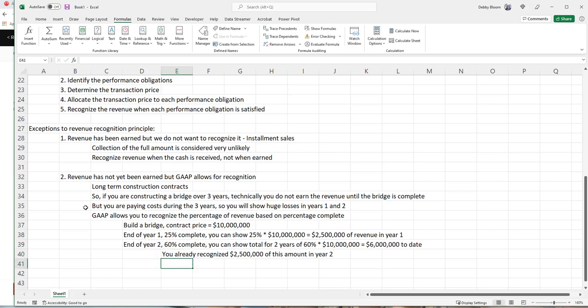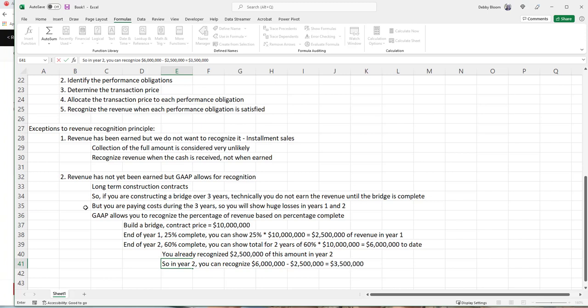You're not allowed to recognize it twice, so in year 2, you can recognize 6 million minus 2,500,000, which equals 3,500,000 in revenue.